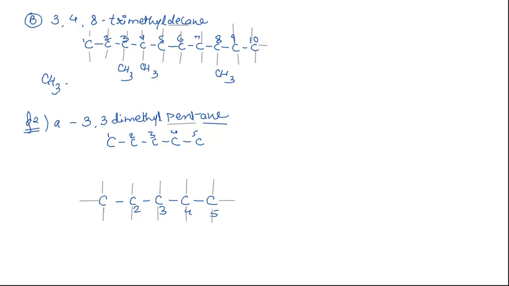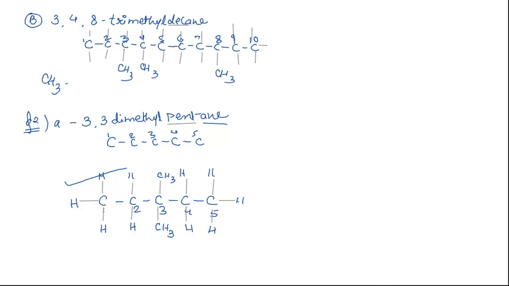Now there is 3,3-dimethyl. It means here there is a methyl group, CH3. This is again a CH3. So this is 3,3-dimethylpentane. And the rest of the bonds will be formed with hydrogen atoms. So this is your complete structure.